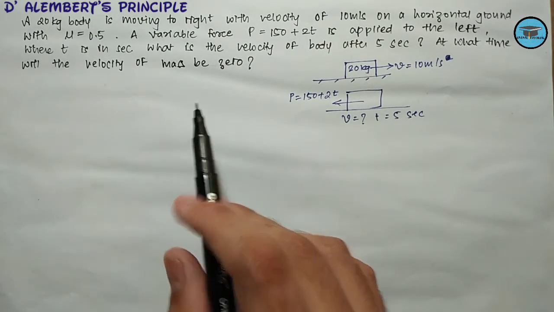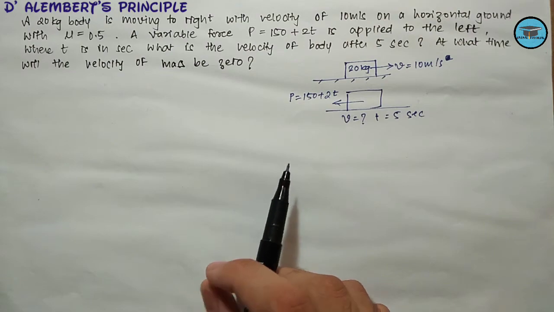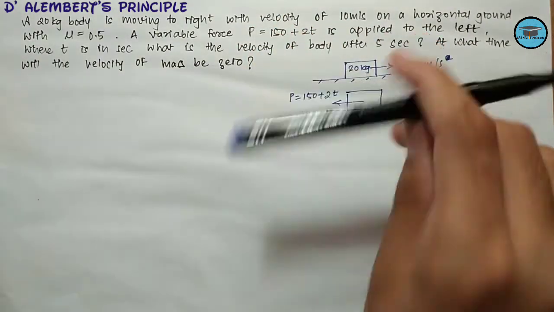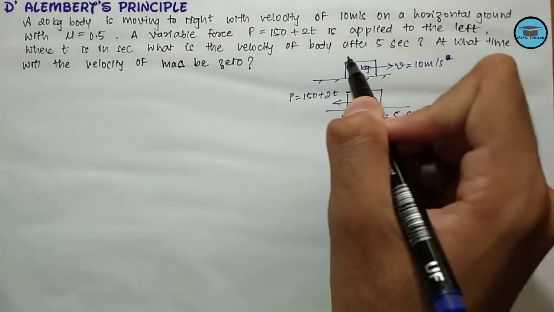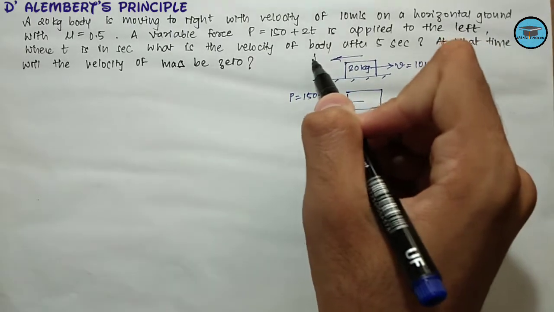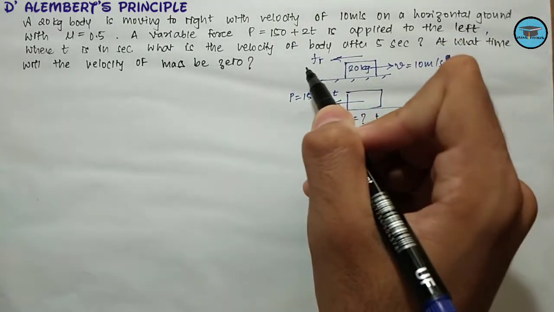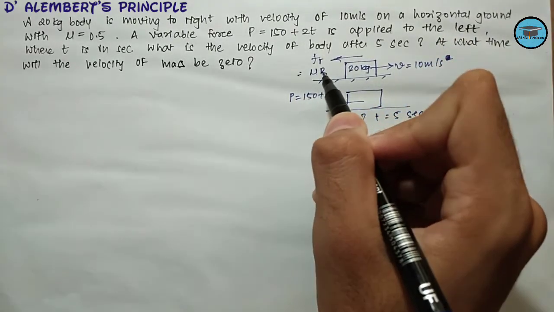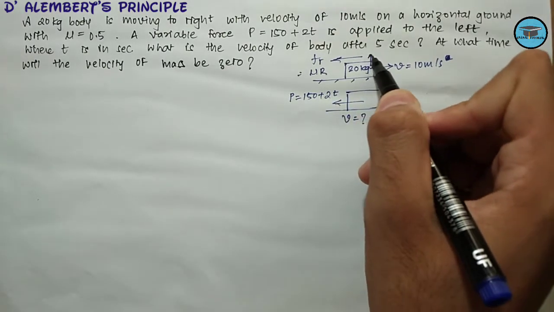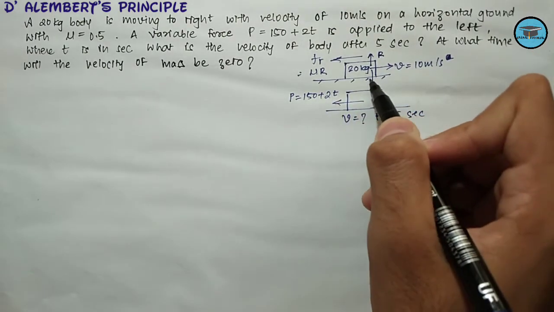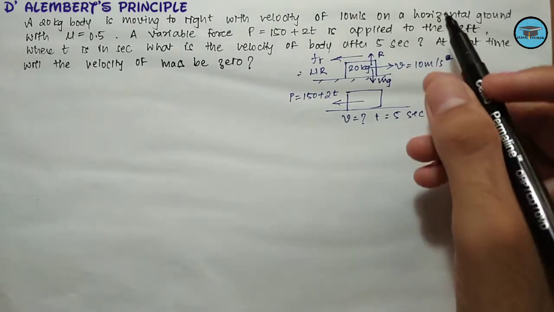Now we are simply applying D'Alembert's principle. The body is moving in this direction, so the frictional force would definitely act in the opposite direction. The frictional force has magnitude equal to mu into R, where R is the reaction from the surface, and R is equal to mg.